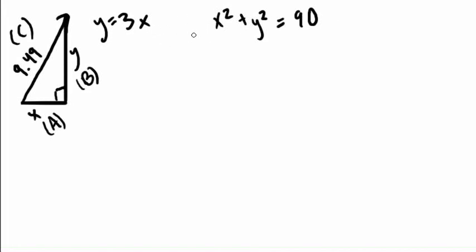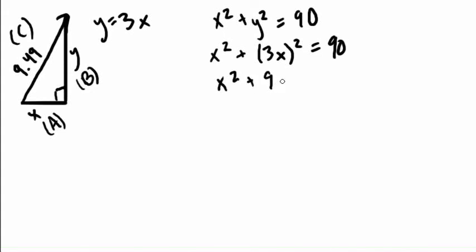So via substitution, this is already nicely written, so I can just plug it in. 3x squared. Do not write it as 3x squared. Don't forget to square your 3. Otherwise your numbers will not be happy. Not happy numbers at all. Should come out to 9x squared.